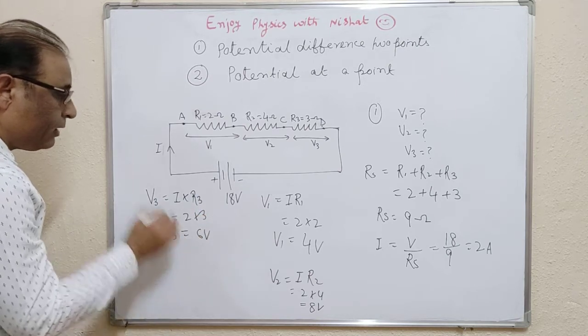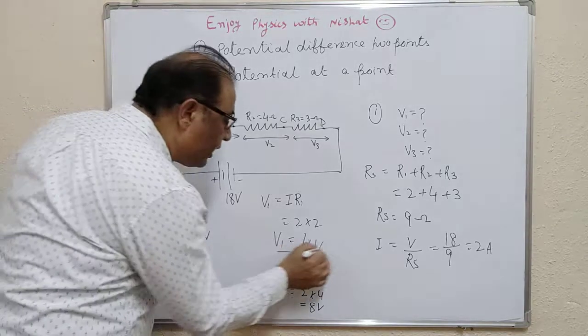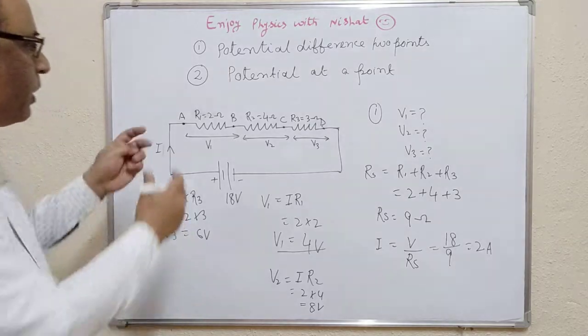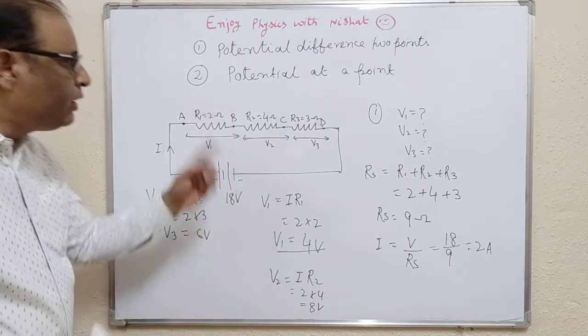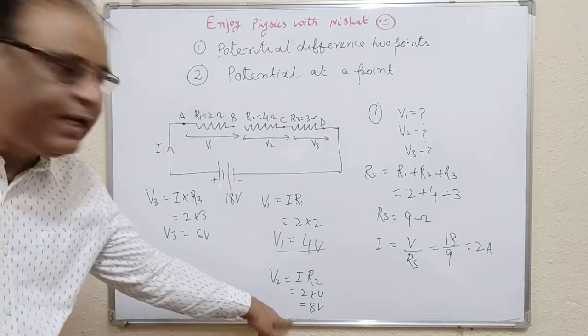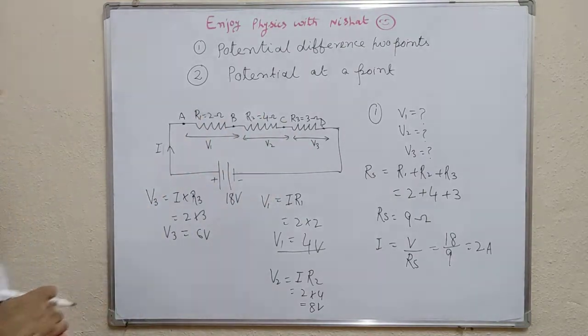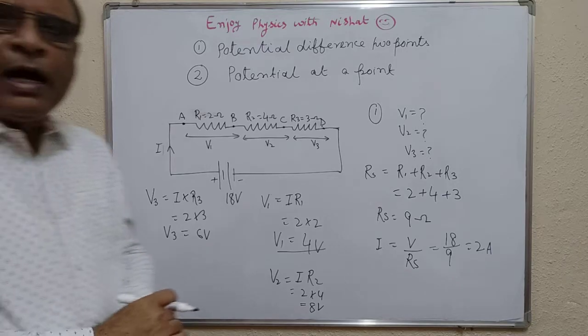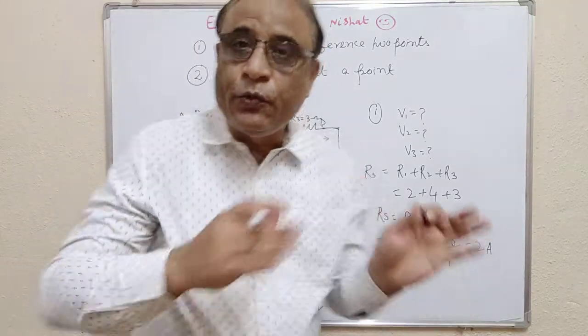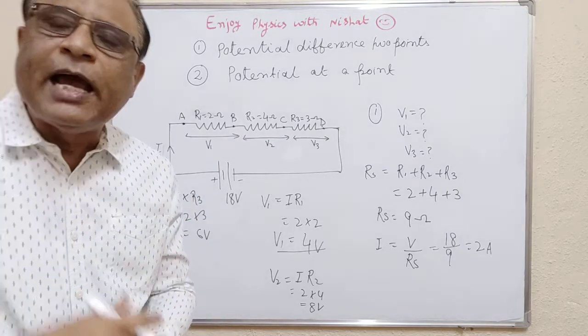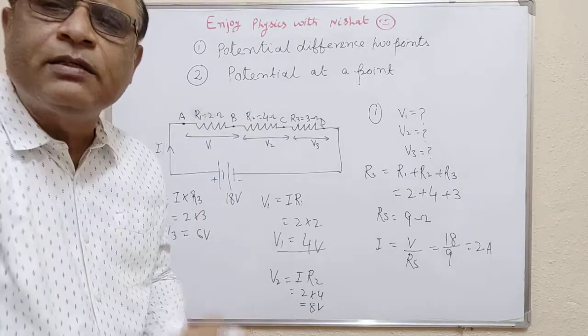V3. Here the potential difference by Ohm's law between A and B is 4 volt, between B and C is 8 volt, and between C and D, that is 6 volt. After doing it in the examination, you want to know that you have done the correct calculation and applied the correct concept.